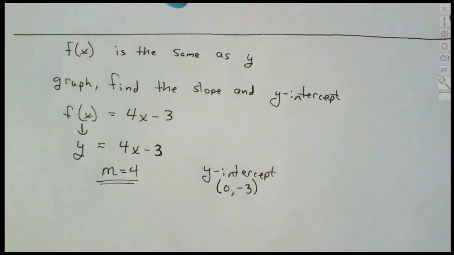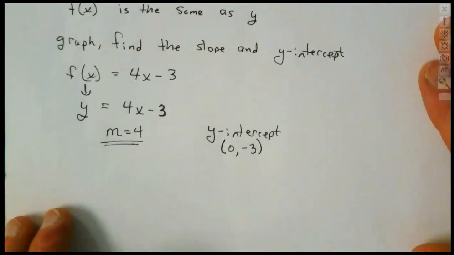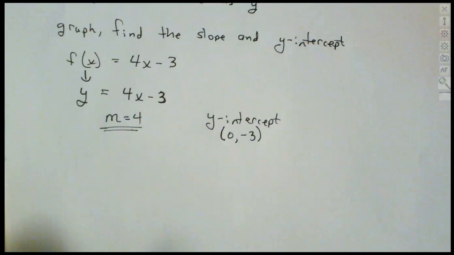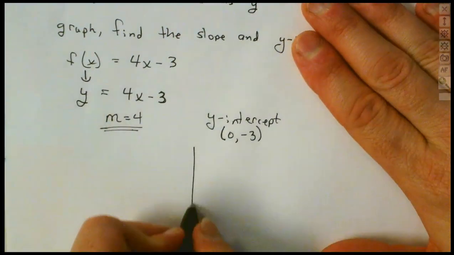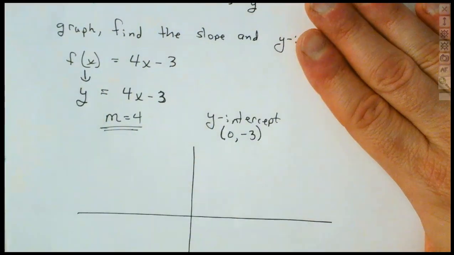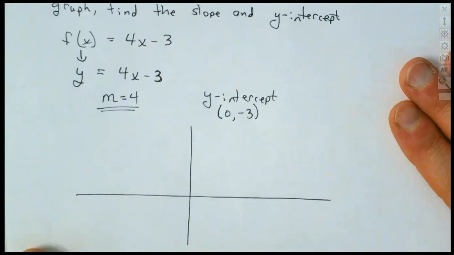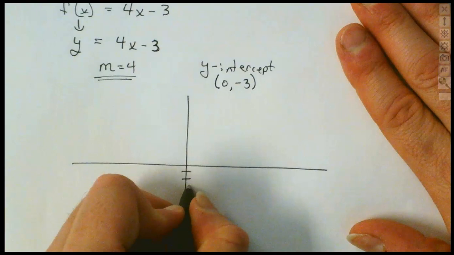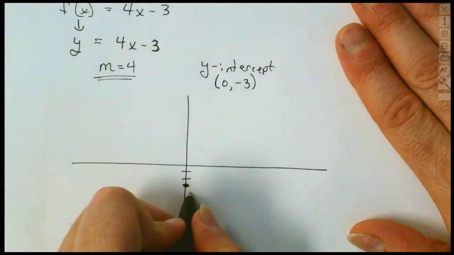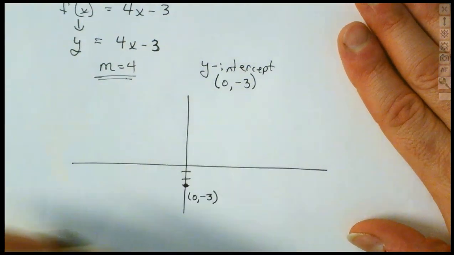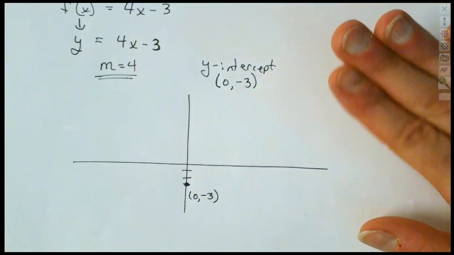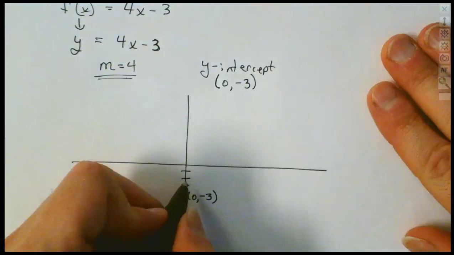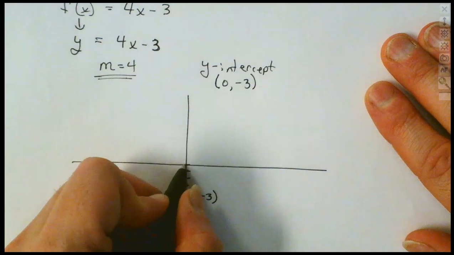How do we graph this line? Well, we plot our point at 0, negative 3. So that's going to be down 3 units, and that's right here, 0, negative 3. And then from this 0, negative 3, we're going to have to go up 4. So 1, 2, 3, 4.